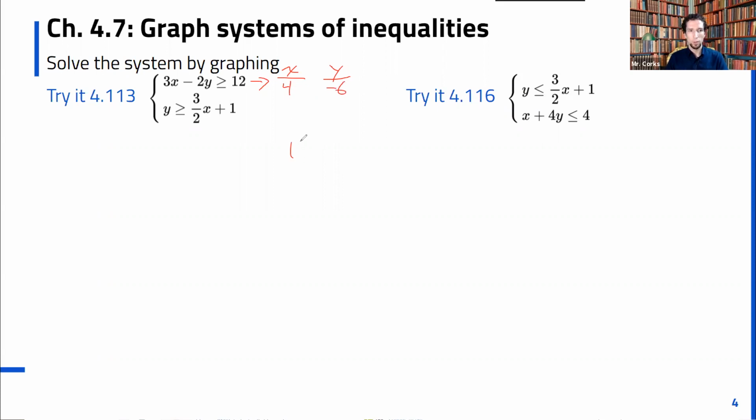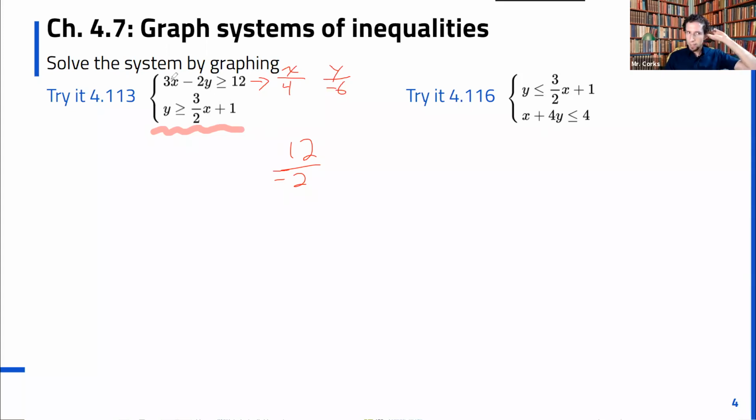So 12 divided by -2, that's -6. Okay, good. And then the other one, well, we could rearrange this and do a two intercepts thing, but this is also slope intercept form. This is pretty graphable. We can work with that.